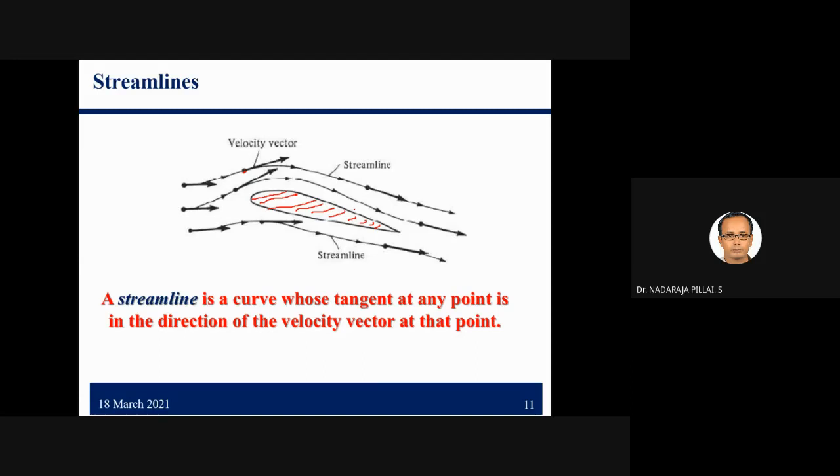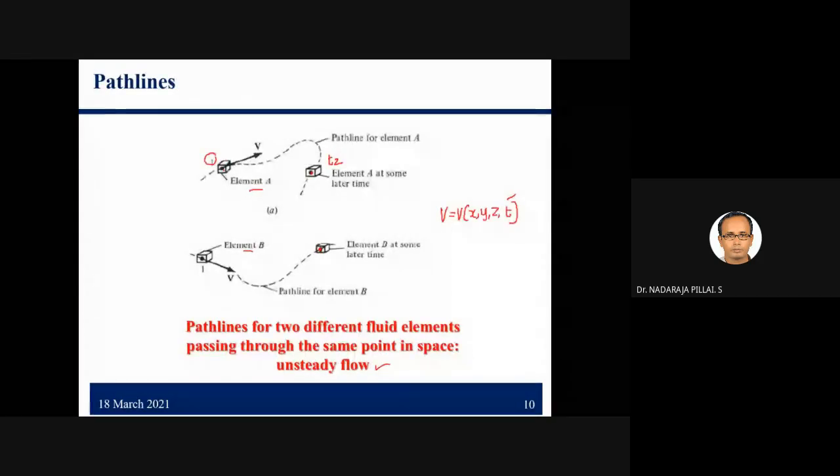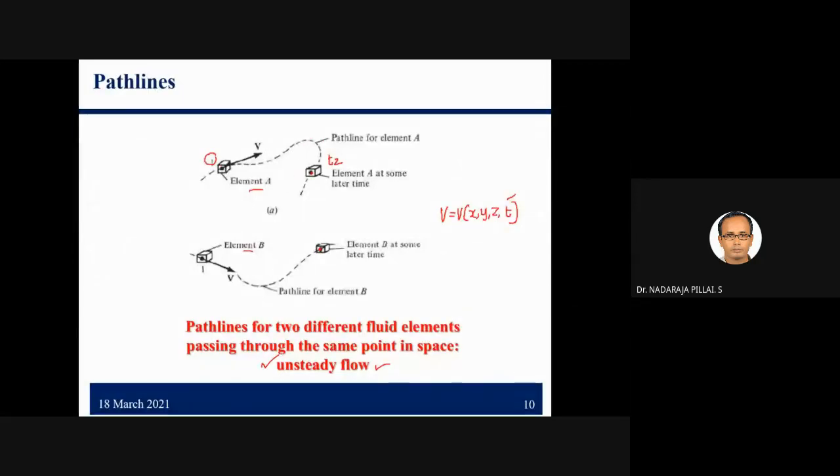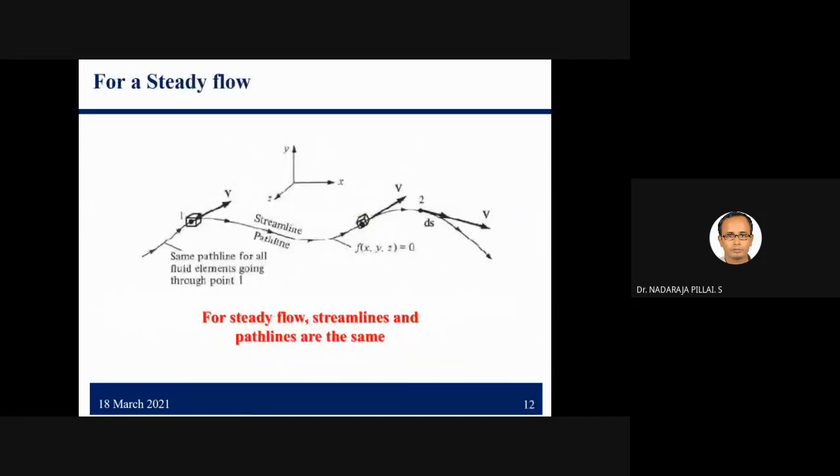If the flow is unsteady, the fluid elements A and B passing through the same point follow different paths because the flow is unsteady. Now let us say the flow is steady. For a steady flow, the streamlines and the path lines are the same.